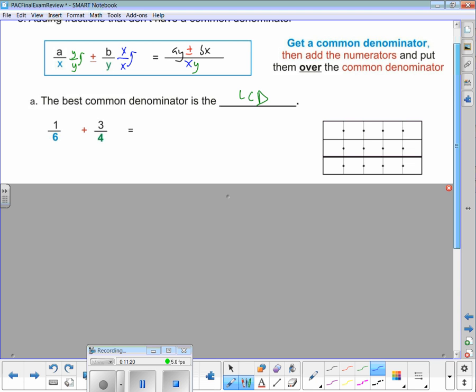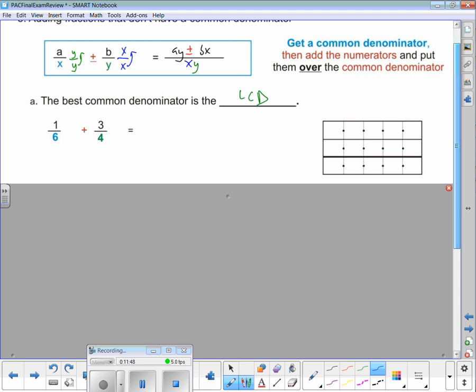And by the way, you can always do that. That's not always the easiest way to do it, but multiplying the two bottoms will always give you a common denominator. It may not be the least or lowest common denominator, but it'll always give you a common denominator. However, when you do that, you'll always have to reduce when you're done, guaranteed. If you use the least common denominator, maybe you'll have to reduce, maybe not.